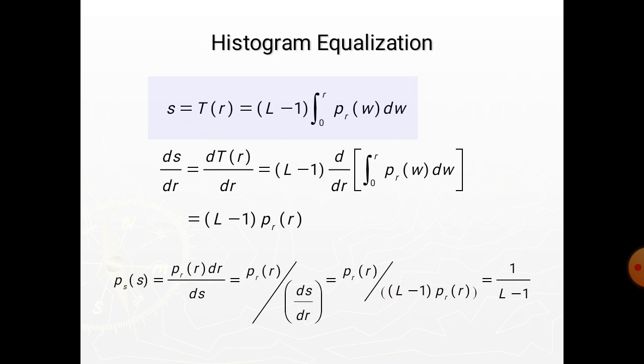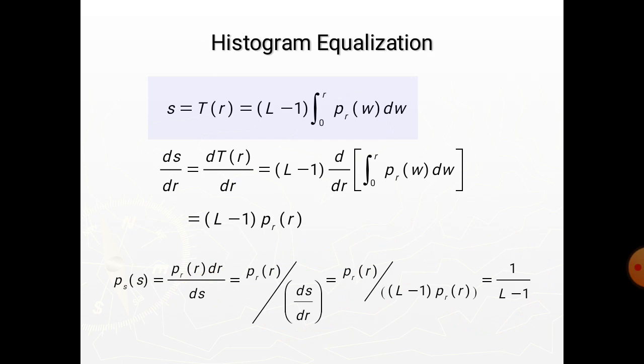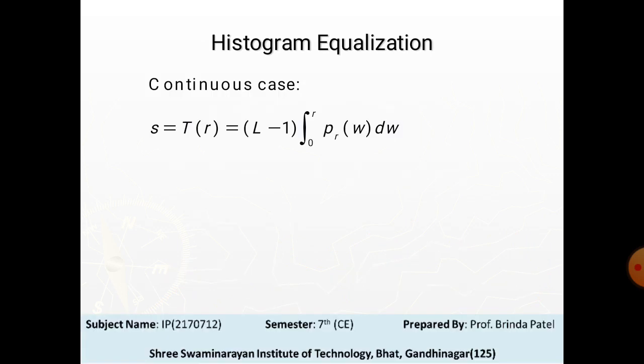Substituting this result for ds upon dr, and keeping in mind that all probability values are positive, p_s(s) equal to p_r(r) times dr upon ds, we get 1 upon L minus 1, for 0 less than or equal to s less than or equal to L minus 1.